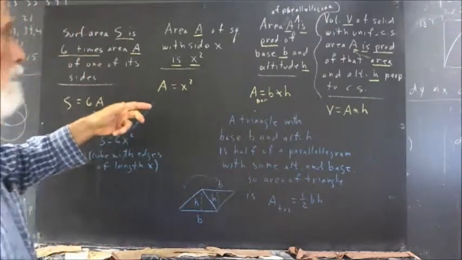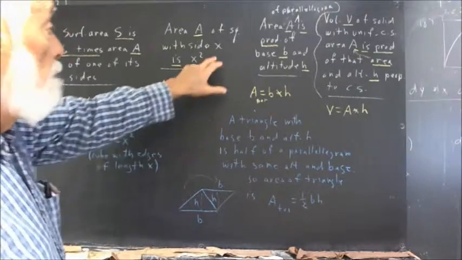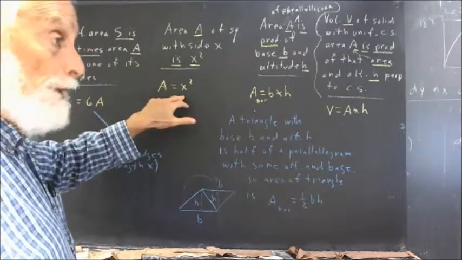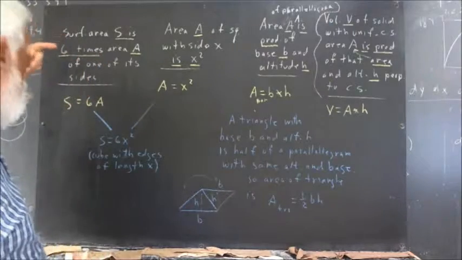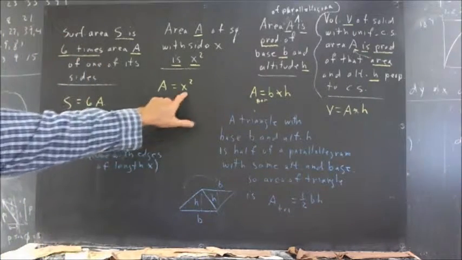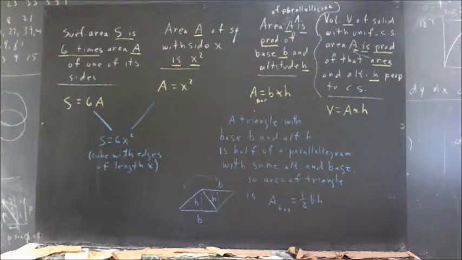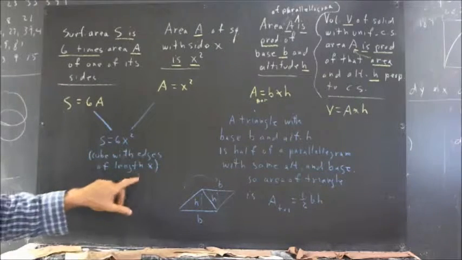So if x is the length of the edge of a cube, then it's also the length of a side of each square. So A equals x squared applies to every one of the 6 squares that make up the cube. And we can then substitute x squared for A, and we get S equals 6x squared. And there's a formula for the surface area of a cube with edges of length x.